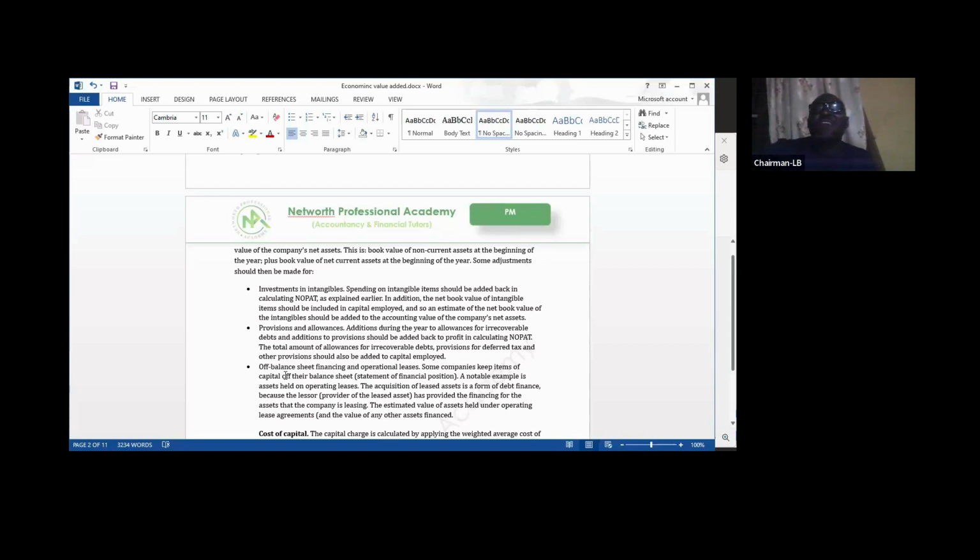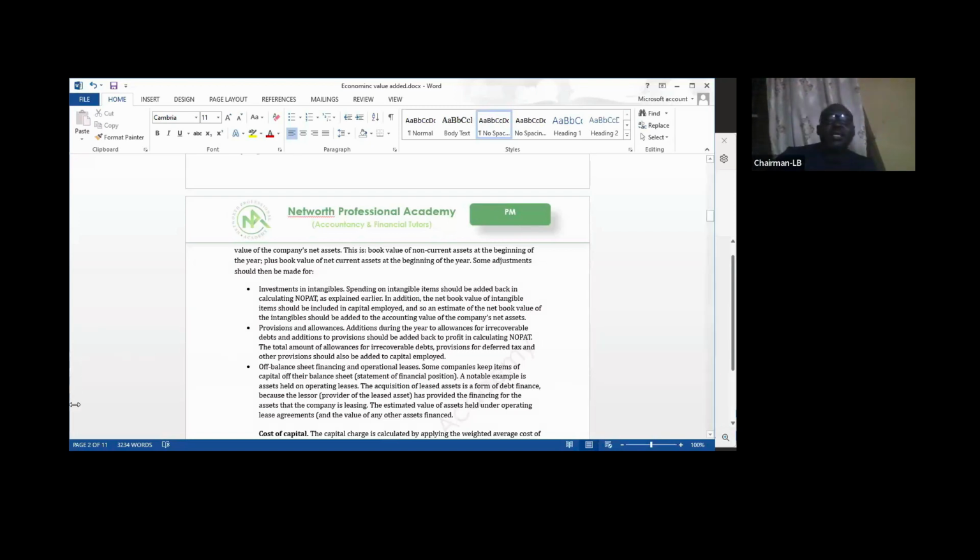It has not happened. We make provision for deferred taxation, make provision for bad debt. In reality, these items do not involve cash flows.